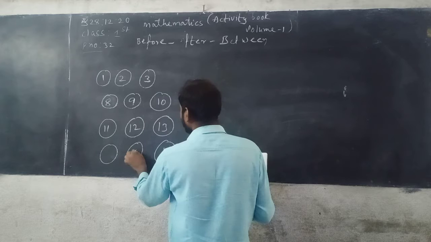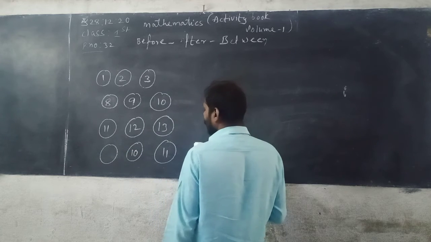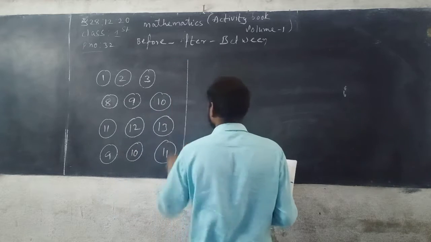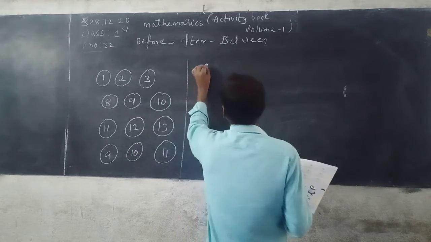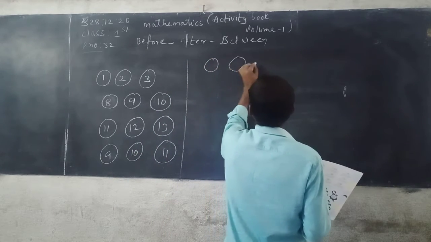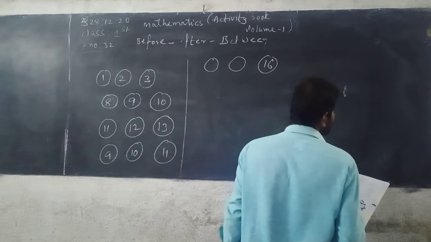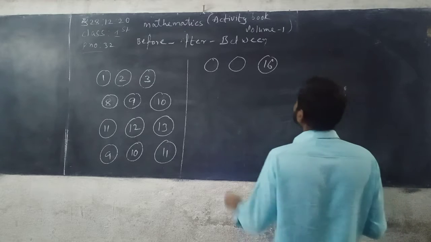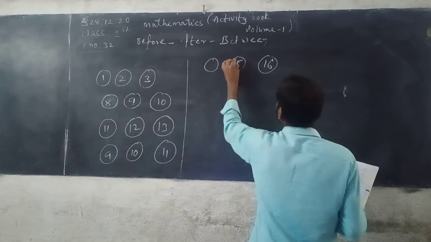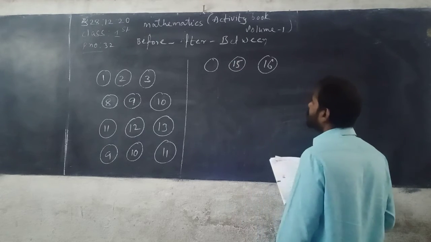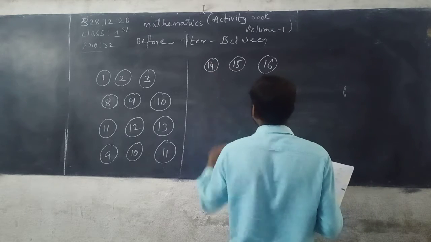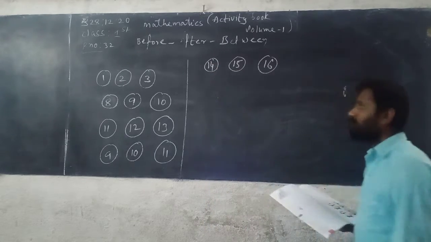The number that comes before 10 is 9. Now 16 is given. The number that comes before 16 is 15. The number that comes before 15 is 14. Write it down.